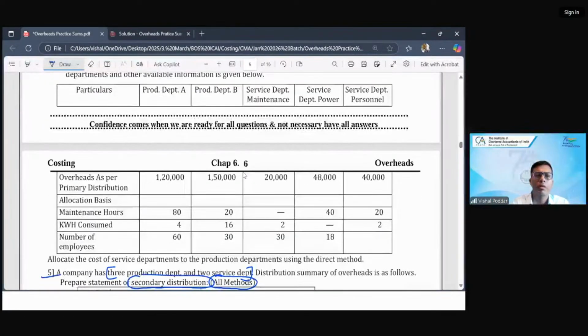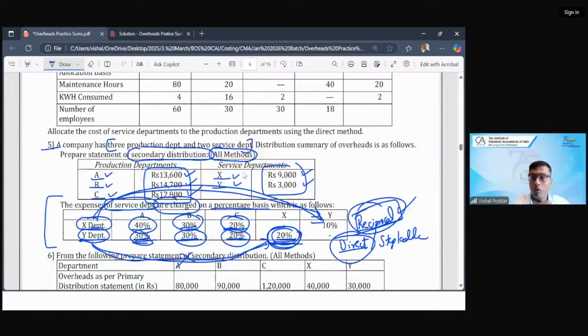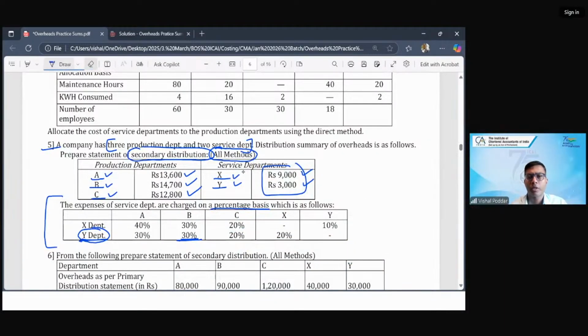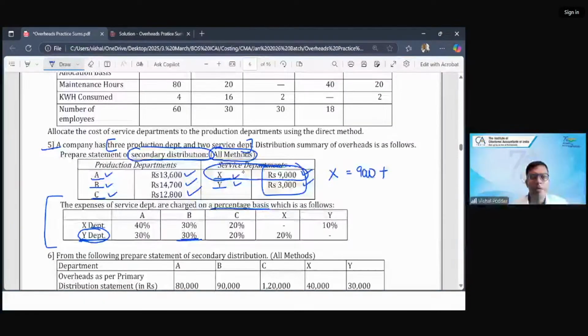See, we were solving question 5, correct? There, this is the question. Now, I want to make the equation. Students, I hope others are solving. I am making the equation for x. What is the own expense of x? Is it 9,000? Yes, sir. How much is y giving to x? 20%.